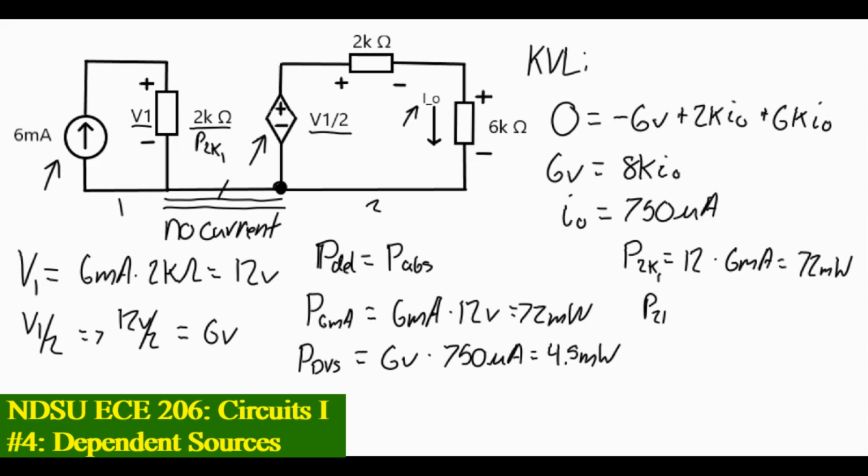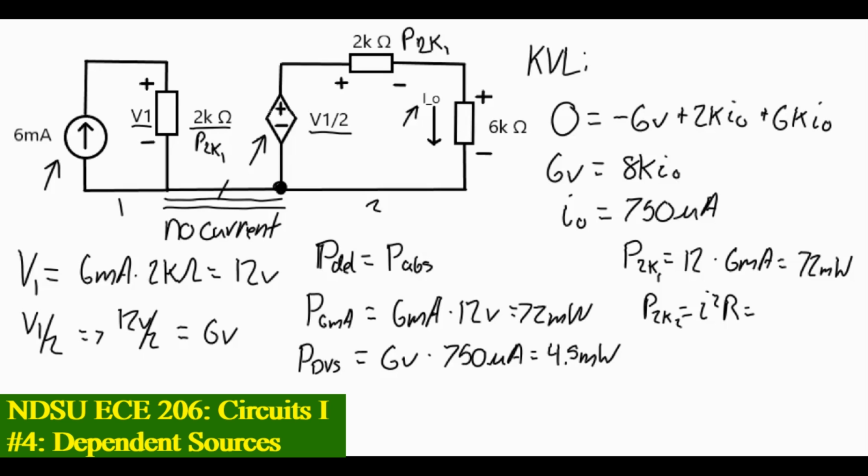The power delivered to the second 2K ohm resistor, let's call it 2K sub 2, is going to be a little different. We're going to showcase some equivalence of our power equation. We don't know the voltage across that 2K resistor in this circuit, but we do know the current through it and the value of its resistance. So we're going to use I squared R to solve for that power.